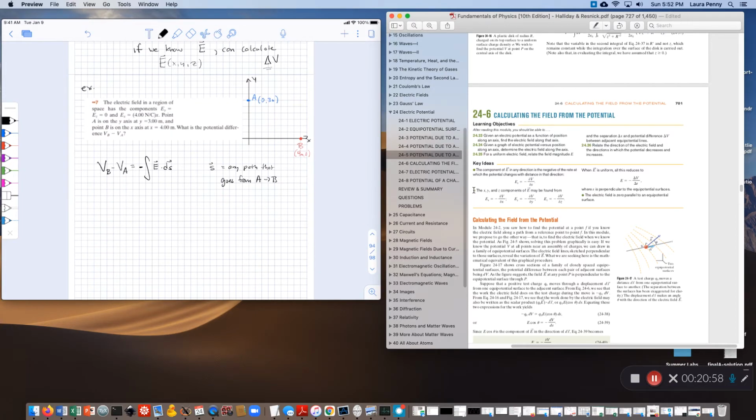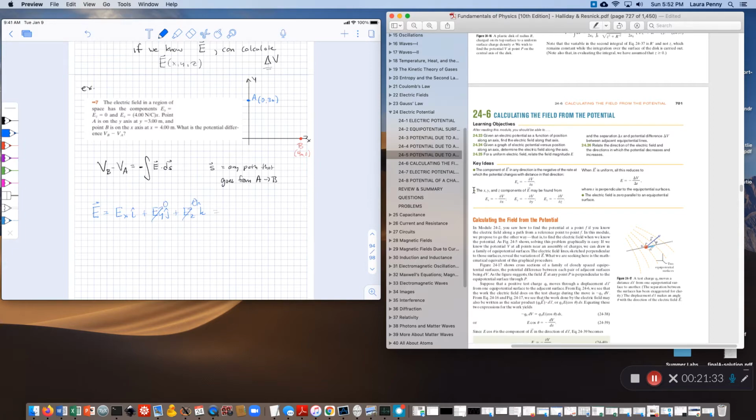I'll quickly do this problem where we do that type of thing. Number 7 says that the electric field in a region of space has these components. So it says E sub x, right? The electric field is a vector, so it can be written in unit vector notation. But they tell me that E sub y and E sub z are 0.